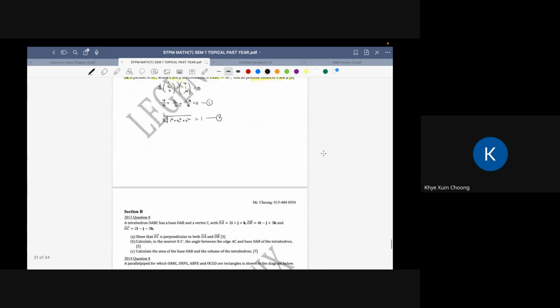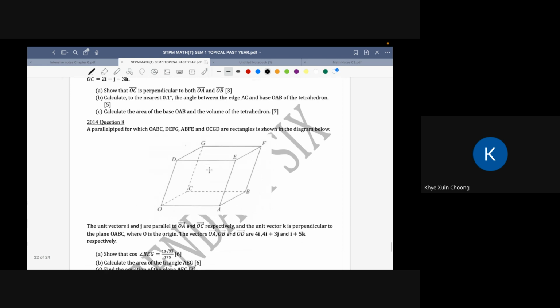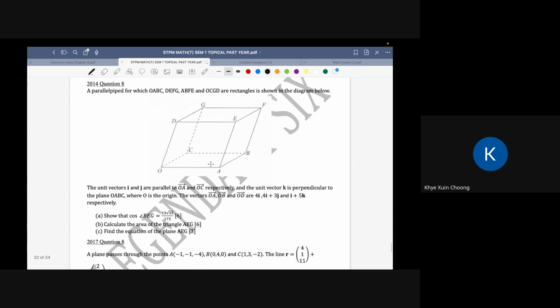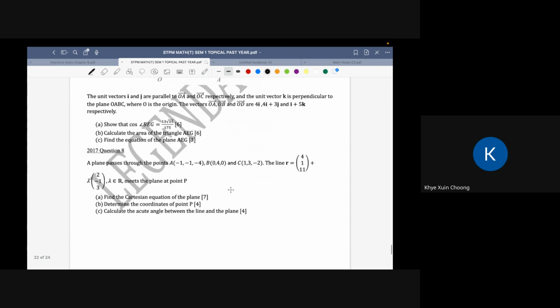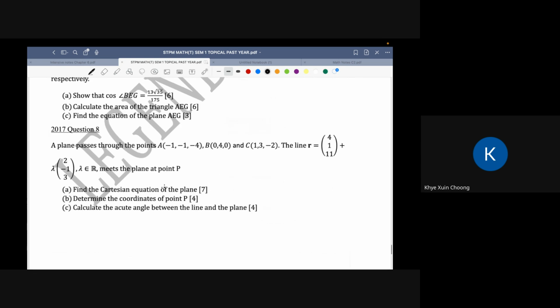Section B will be quite difficult because it has many parts and is not the normal question anymore, but sometimes it still asks about the normal things.